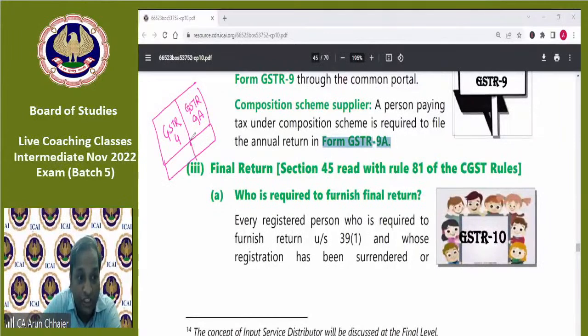If a question is asked, what is the annual return, then please mention both returns. According to section 44, GSTR 9A is applicable for composition dealers, which needs to be furnished after the end of the financial year till 31st December. GSTR 4, earlier the frequency was quarterly, but currently the frequency is annual. You need to furnish it by 30th of April after the end of the year. You have to mention both.